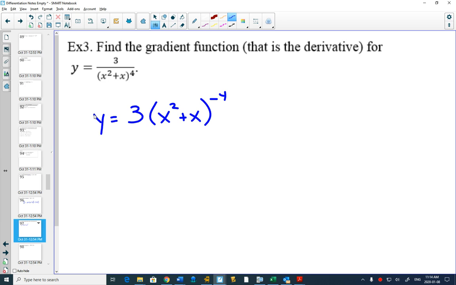You could do a quotient rule. I'm going to put a line here and do the not as desirable quotient rule second. So if you decided to use the quotient rule first, I'll show you how that works. I'm going to show you why changing it this way will make it easier.